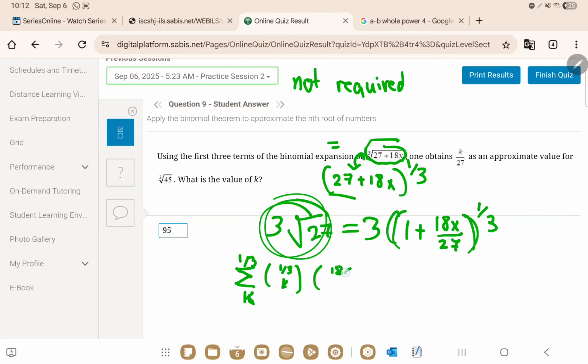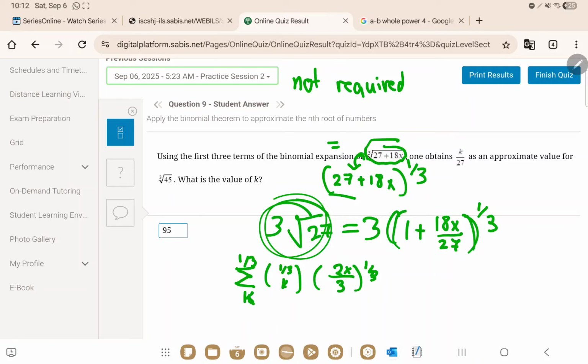So it is 18x over 27 to the power of a third. Now, before solving, we can simplify 18x over 27. Divide the top by 9 is 2, and divide the bottom by 9 is 3. Let me just check: 18 over 27 is 2 over 3.